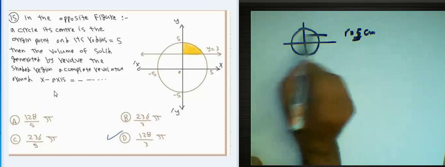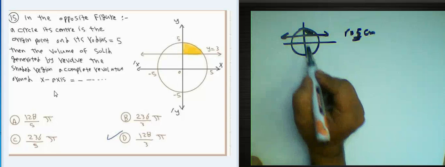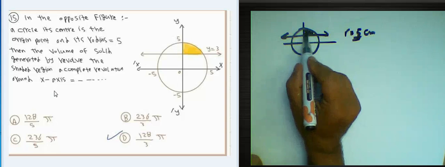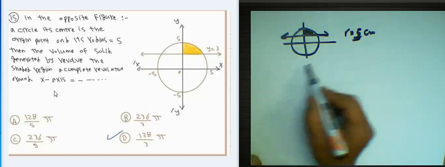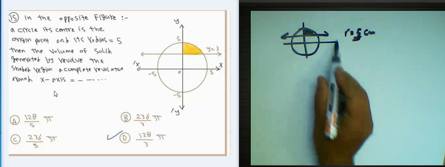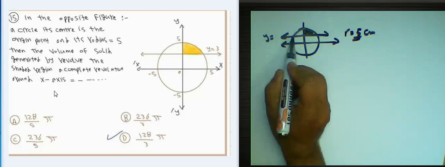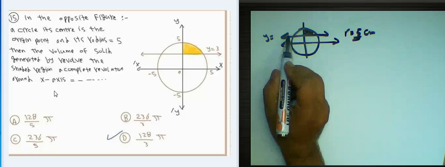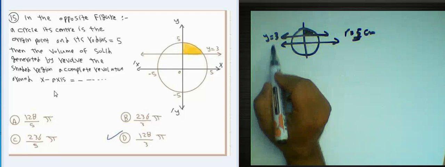We want to find the volume of this shaded part, revolving around the x-axis, and this equation here is y equals 3. He gives us in this example y equals 3.